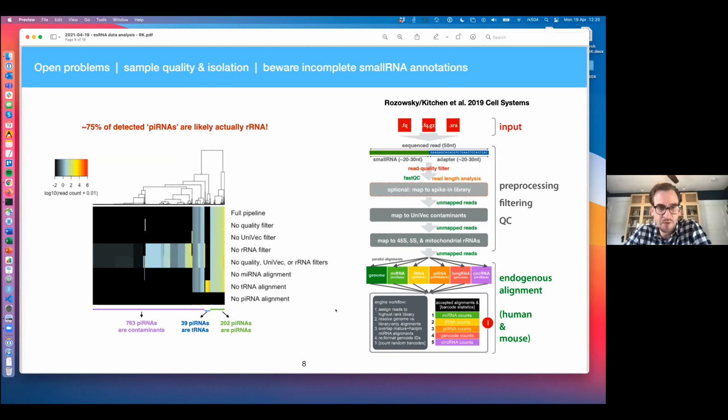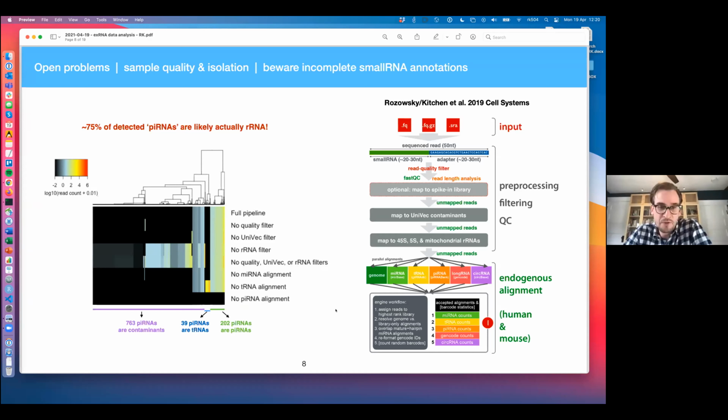And so we set up the pipeline such that it would prioritize alignments against microRNA, say, over a piRNA, or prioritize an alignment for a tRNA over a circular RNA, just because the quality and the completeness of the annotation is typically better for microRNAs and tRNAs.